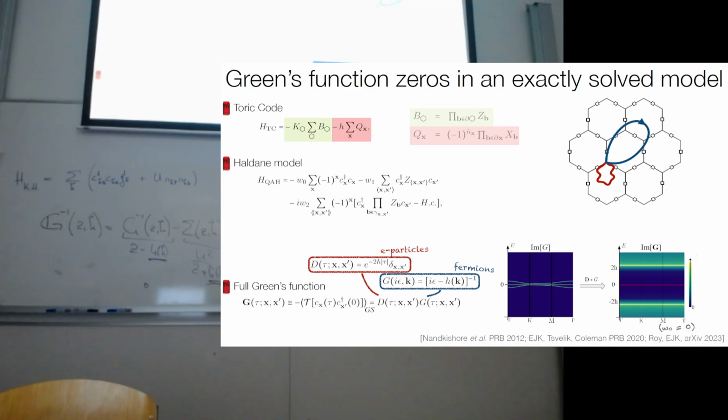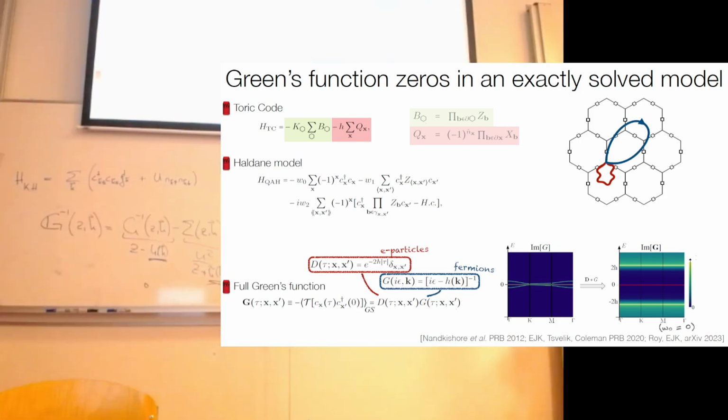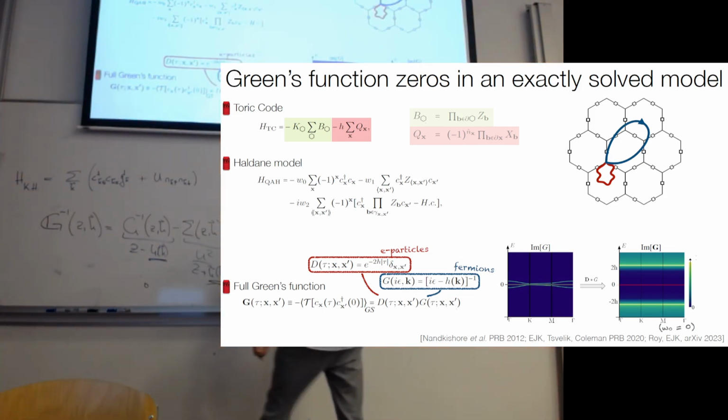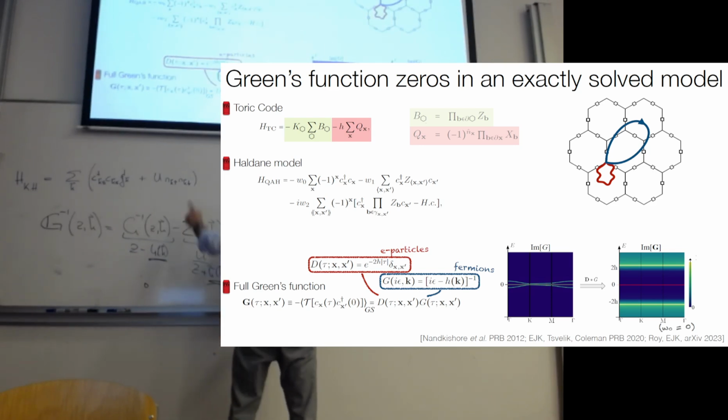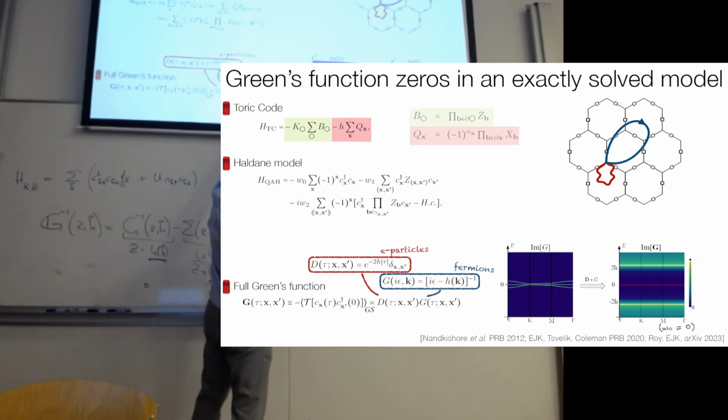Okay, so the imaginary part of the Green's function is already 0 in here. And now it also turns out that the real part of the Green's function is 0 here. Maybe I show this real quick on the blackboard. So when you calculate the on-site Green's function, and now without the bold phase, you need the on-site Green's function without bold phase.